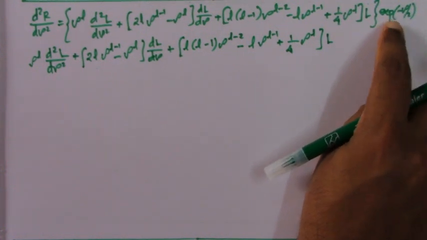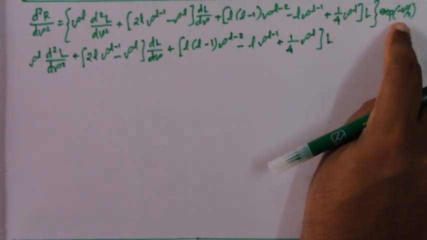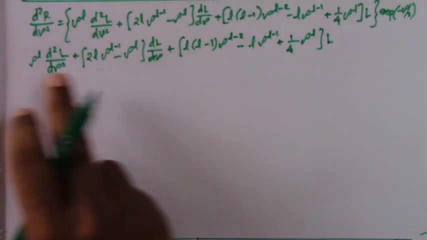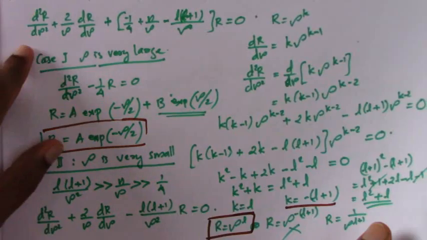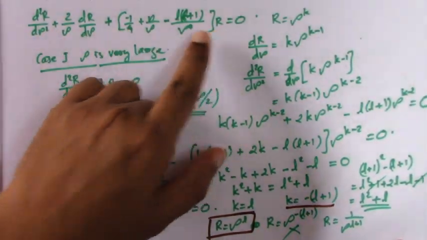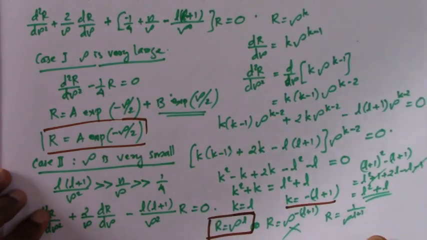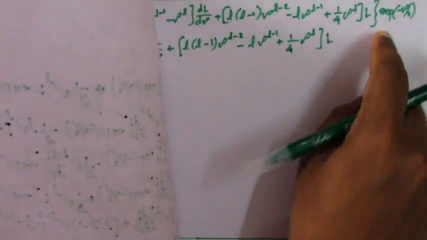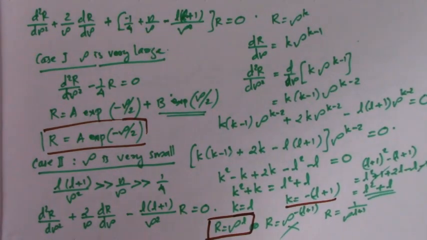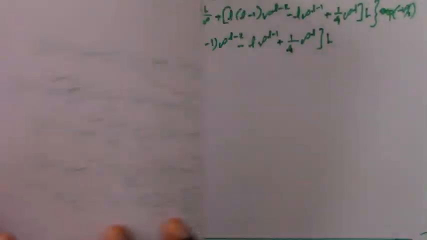I am not going to write the exponential minus rho by 2 in every expression, because when we expand all the terms, exponential minus rho by 2 will be a common factor, so we will write it at the end.